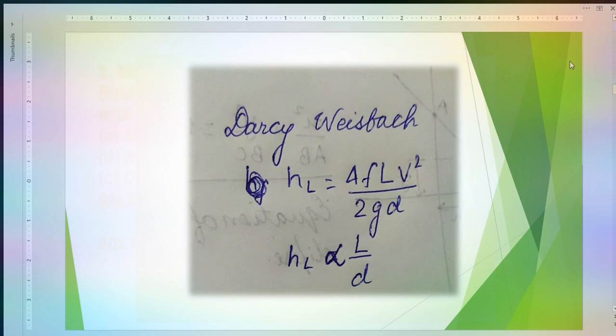So, with increase in length of pipe, head loss increases, and with increase in diameter of pipe, head loss decreases.